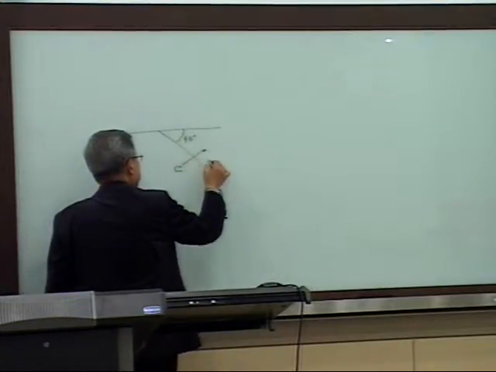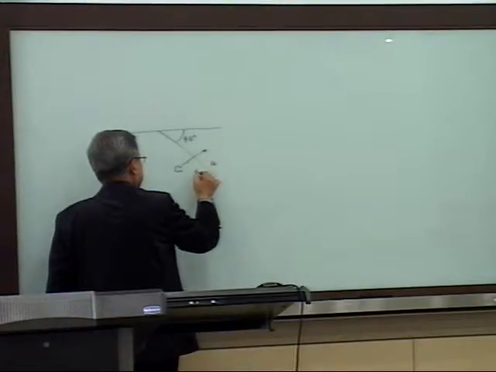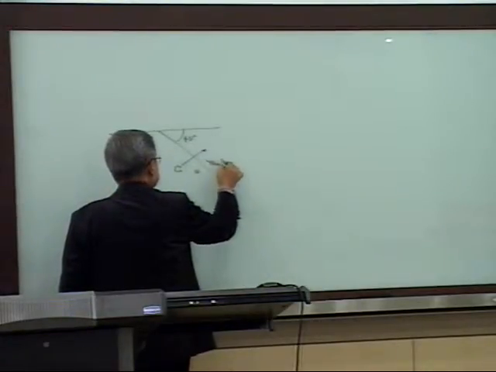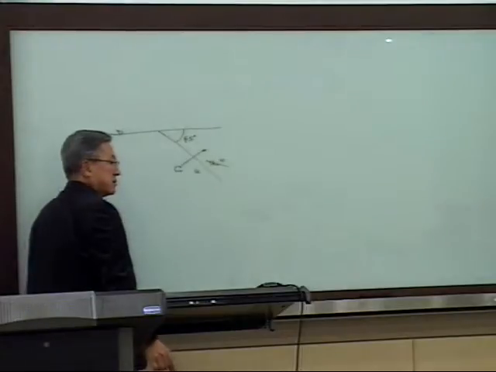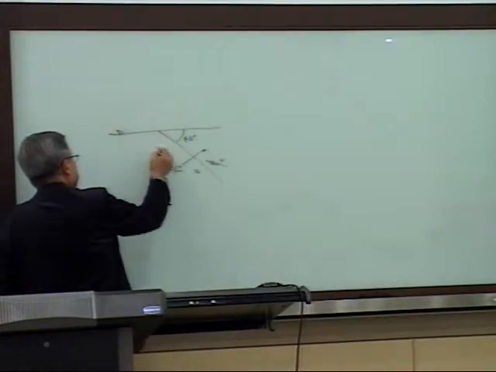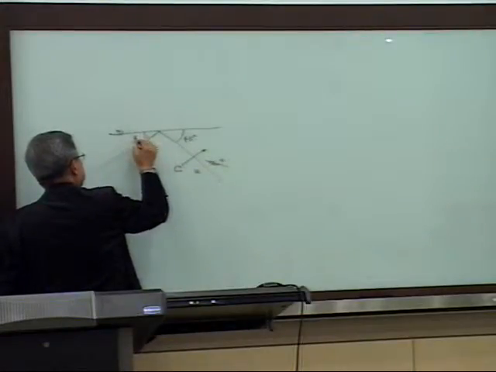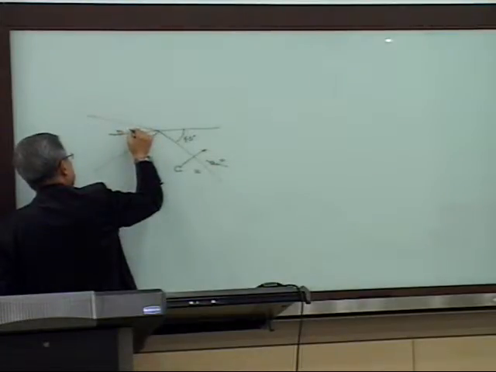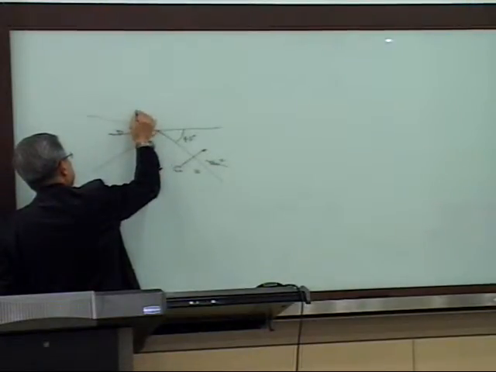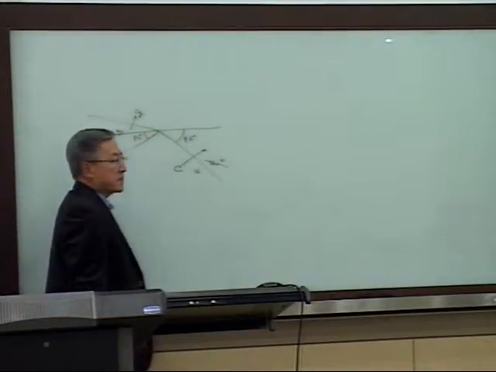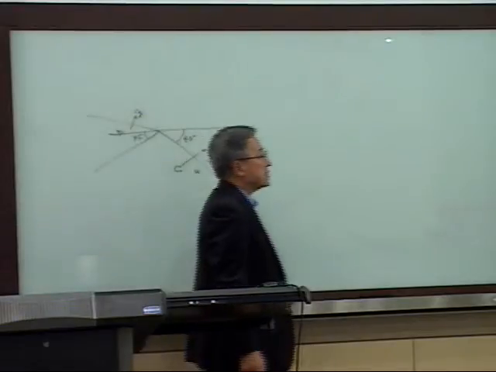Of course, U is also that way, and this is U naught, which is usually set equal to 0. And the reflection wave is coming back down. This is a 45-degree angle, and of course this wave is the transmitted wave into the air.